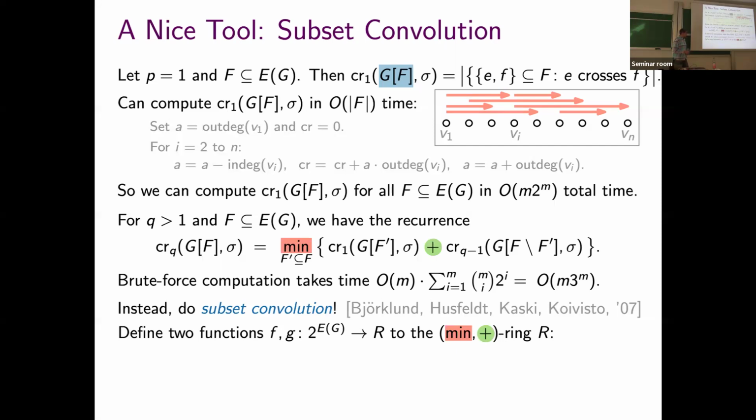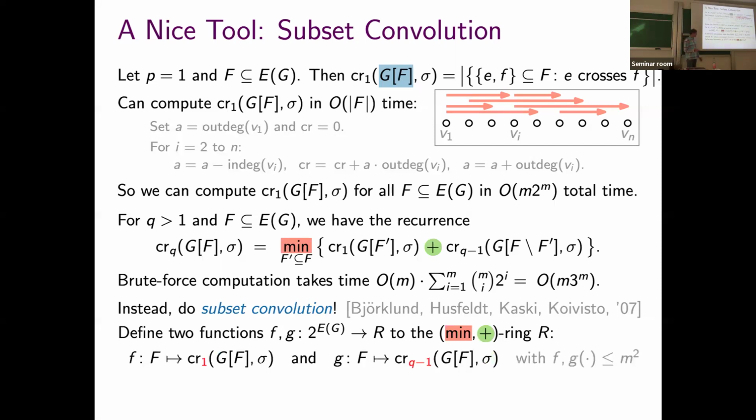And then subset convolution tells you, okay, which 2 functions? Good question. We take as the first function f this thing for some subset F, and the second function g gives us this thing for some subset F.